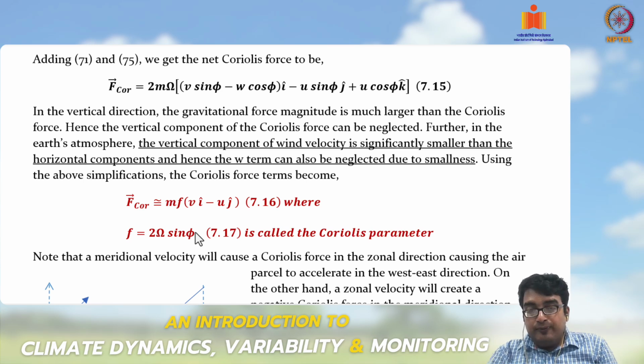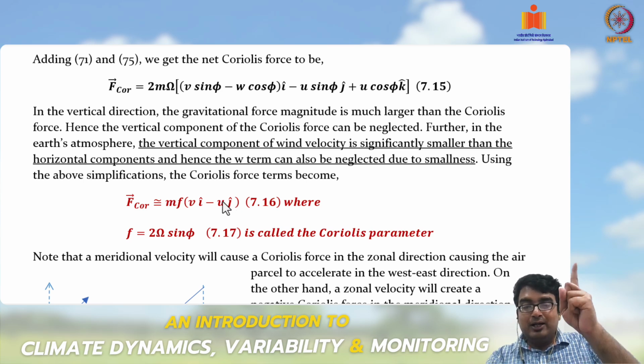Also to note is that this is the x component or the zonal component of Coriolis force, which is arising due to the meridional velocity v, the velocity in the south to north direction. Similarly, the y component or the meridional component of Coriolis force is appearing due to the zonal velocity u.